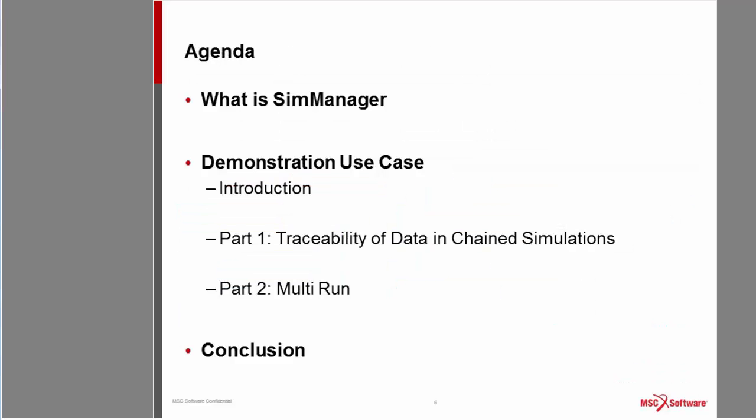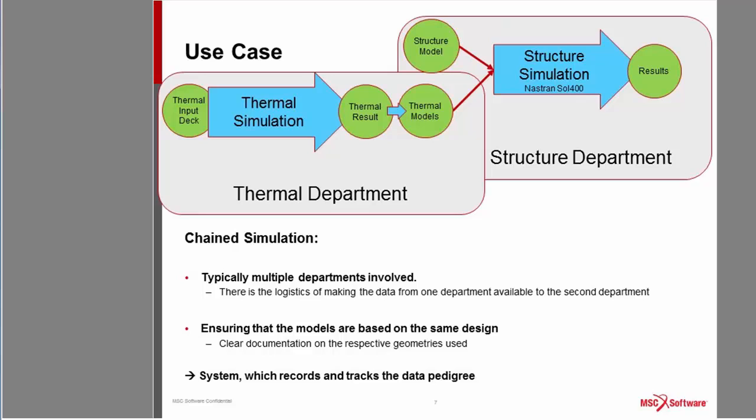What we're going to do today is go into a more complex process, which we call the chained simulation process. So just to outline that process, in the demonstration today you, for instance, have a thermal department which takes a structure and does thermal simulation, calculating heat distributions on the model.